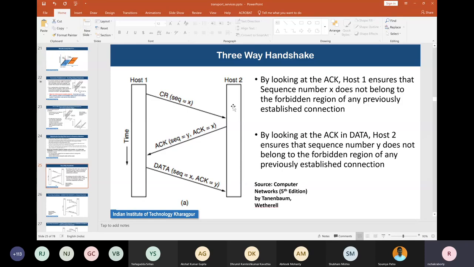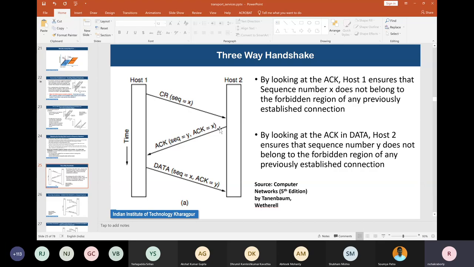When host 2 receives the connection request packet, it says, okay, this is a special connection request packet coming from host 1. How did it know it was coming from host 1? Because host 1's IP address will be mentioned in those segments. Okay, fine.